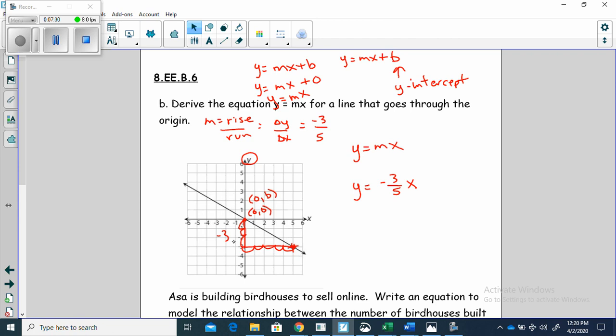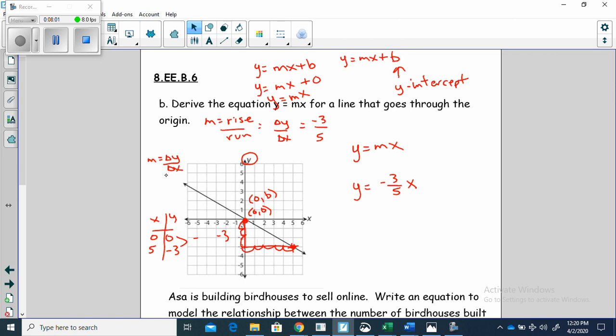Now, just so we can understand, I could also have taken these 2 points. You notice how this point is at 0, 0? You notice how this point right here is at 5, -3? We've talked about slope being change in y over change in x. Let's find the difference in my y's here.